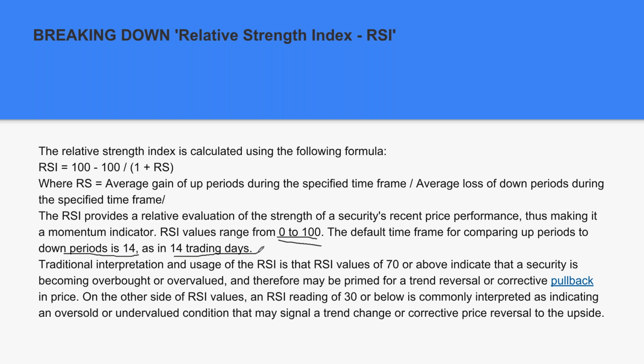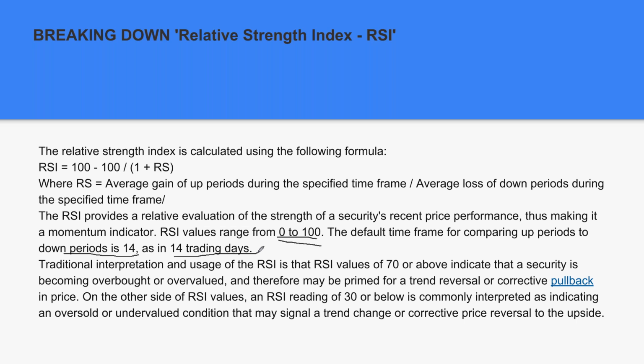The traditional interpretation of RSI is that an RSI value of 70 or above indicates that a security is becoming overbought or overvalued and therefore may be primed for a trend reversal or corrective pullback in price.